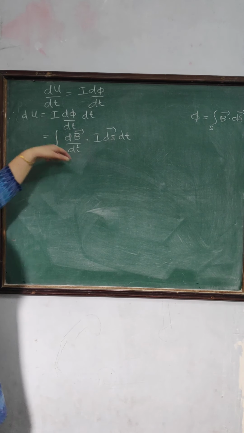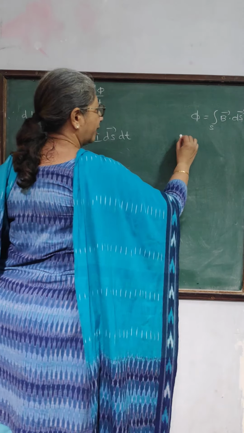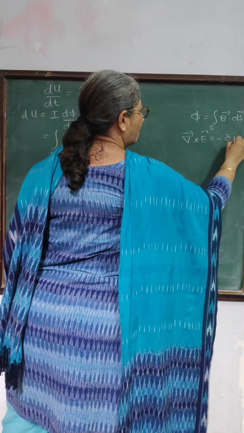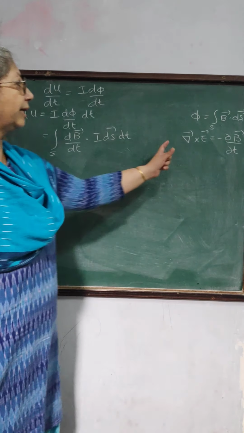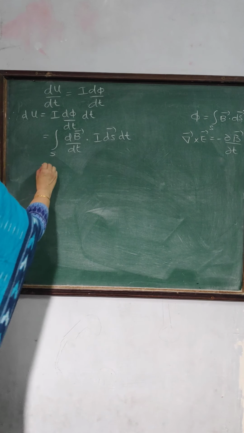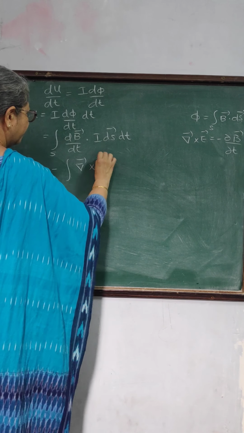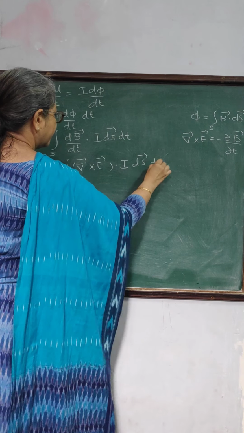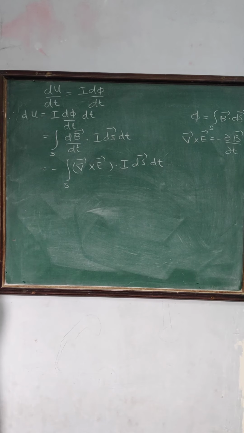Now in this equation you have got minus dB by dt. It can be replaced by del cross E using Faraday's law of induction: del cross E is equal to minus del B by del t. So instead of del B by del t, I will write minus del cross E. This will be minus the integration of del cross E dot ds dt, which is again a surface integral.